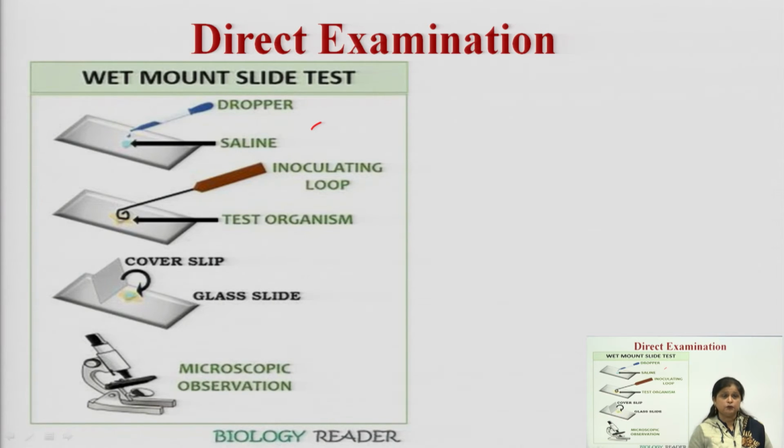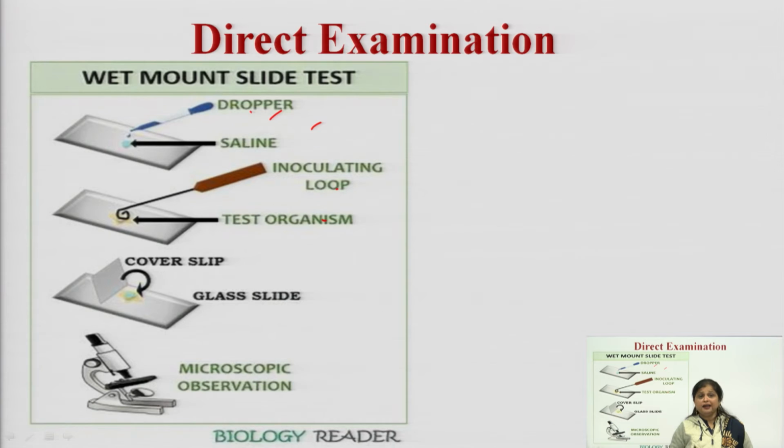This is the glass slide. After that we must have a dropper, which is mainly used for adding the sample if it is liquid in nature. If we want to add some saline solution, we can use these droppers.